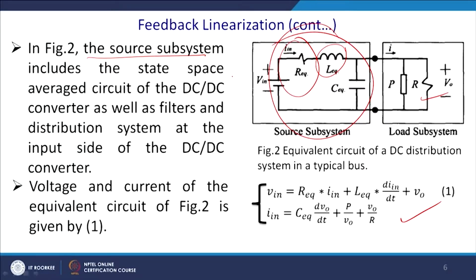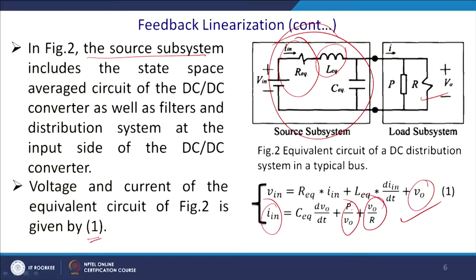The voltage and the current of the equivalent circuit of figure 2 are given by equation 1. So, it is Vin equal to Req into Iin plus Lq dI/dt plus V0. Similarly, IL equal to Ceq V0 dV0/dt plus P/V0 plus V0/R.